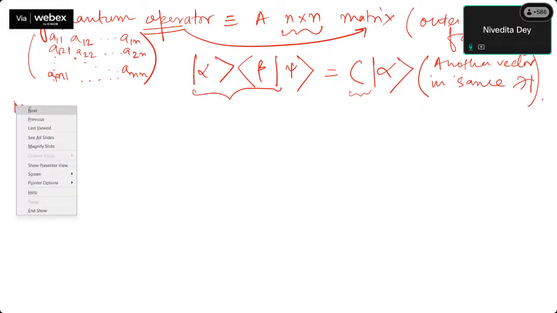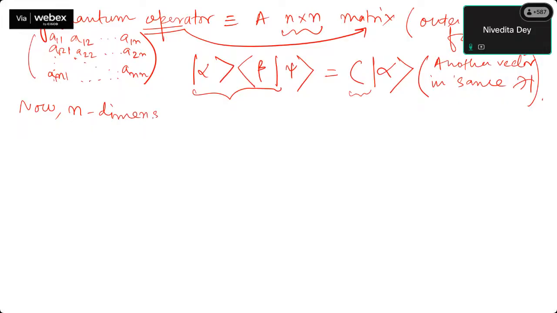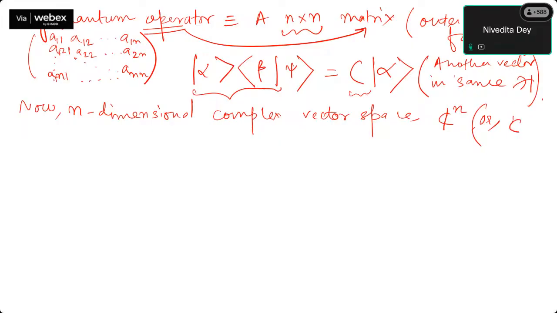So now, say an n-dimensional complex vector space is represented like this, or with an alternate representation.